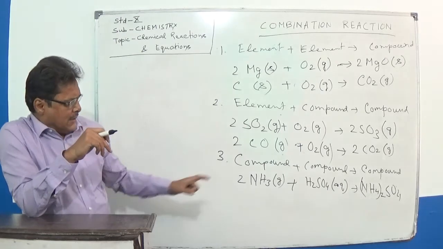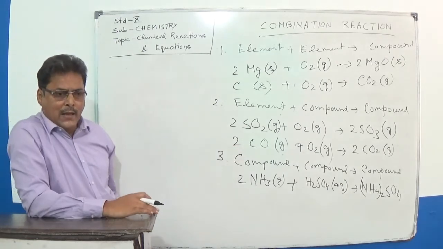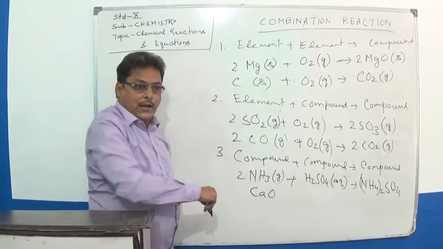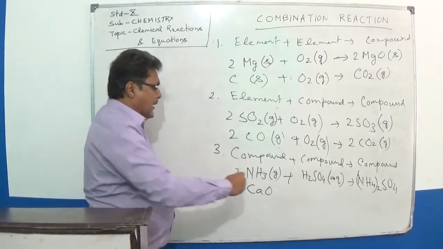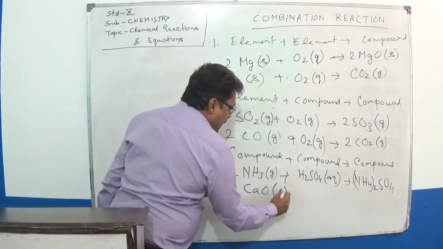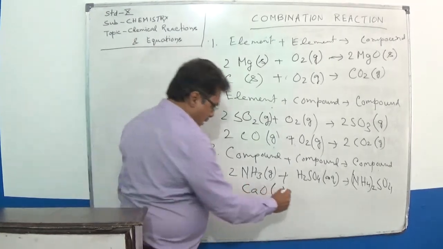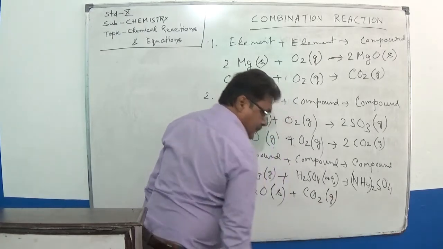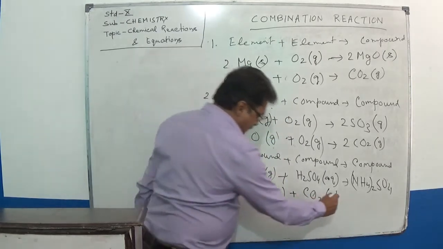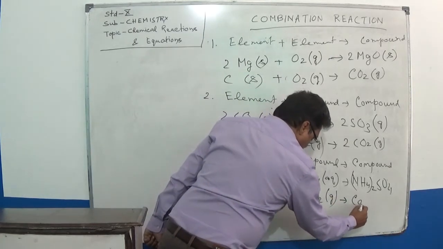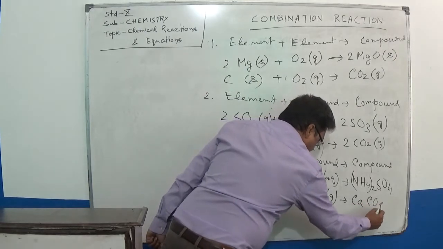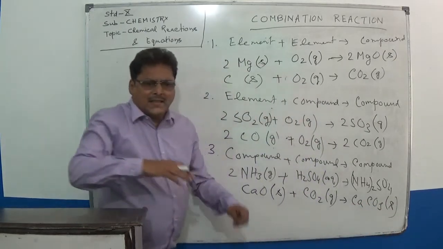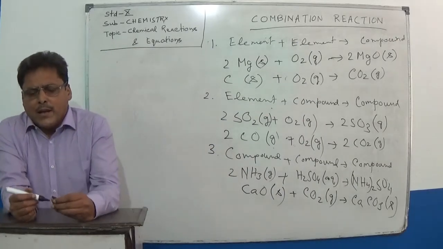Another common example of compound plus compound is calcium oxide, which you know is the quicklime. When you mix it with carbon dioxide gas, it will produce calcium carbonate. These are some of the examples of combination reaction.